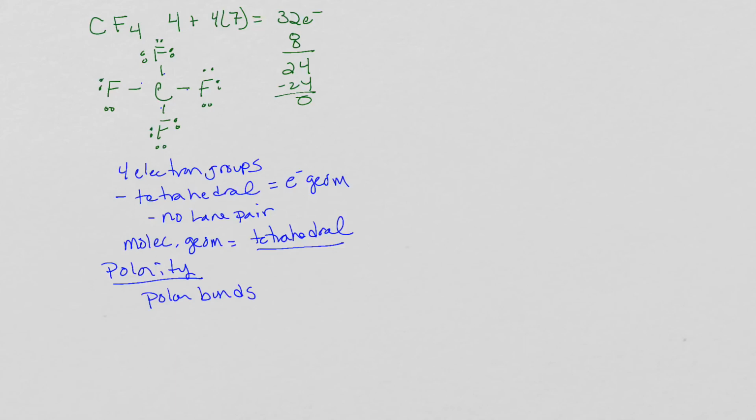So we have to do the difference in electronegativity. So the delta EN here equals 4 for fluorine minus 2.5 for carbon equals a difference of 1.5. So yes, clearly we have polar bonds.